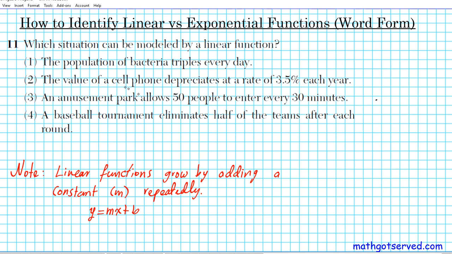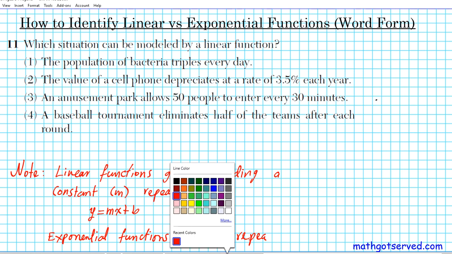Okay, so let's go ahead and take a look at these options right here to see which one is a linear function. And just a side point, to help you see the difference, exponential functions, what do you think happens with exponential functions? They grow by repeated multiplication.